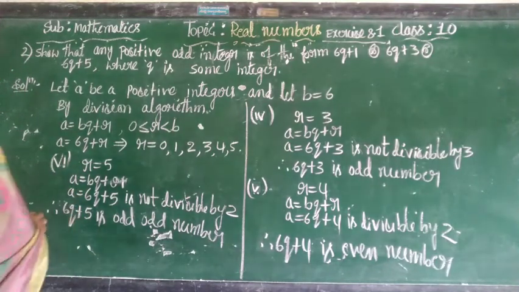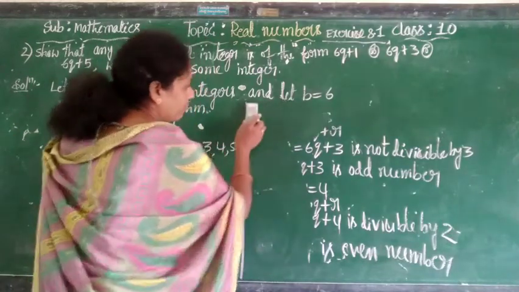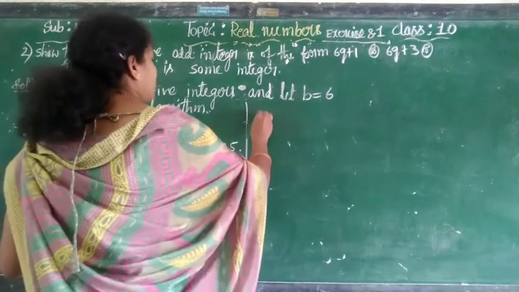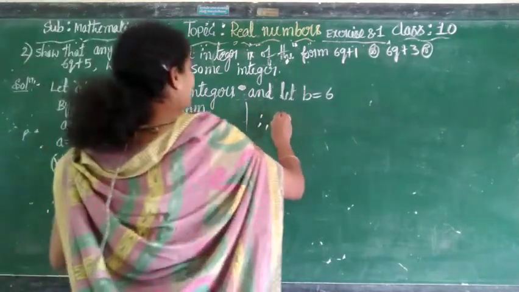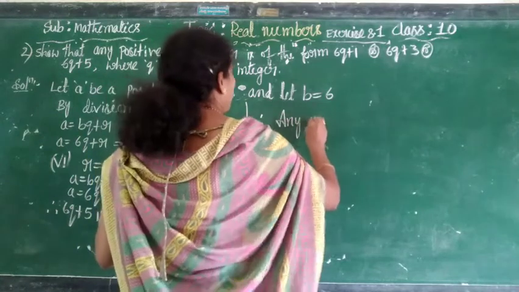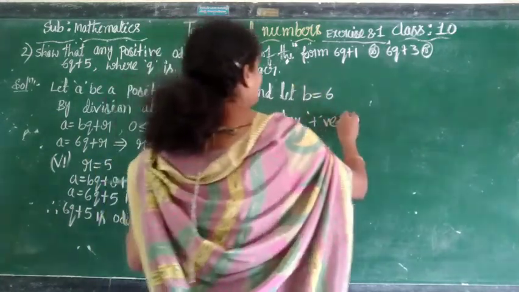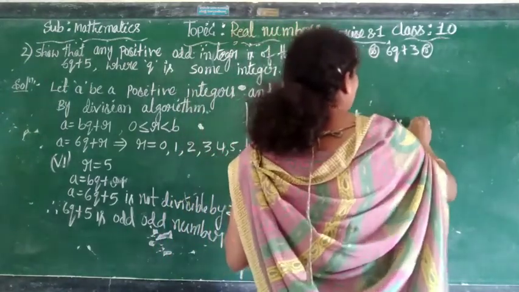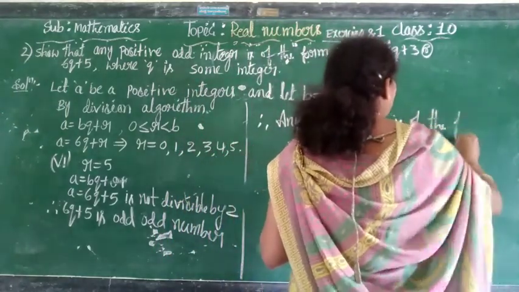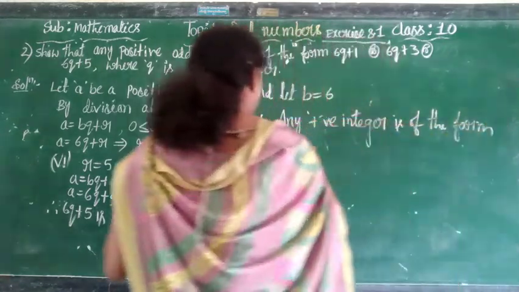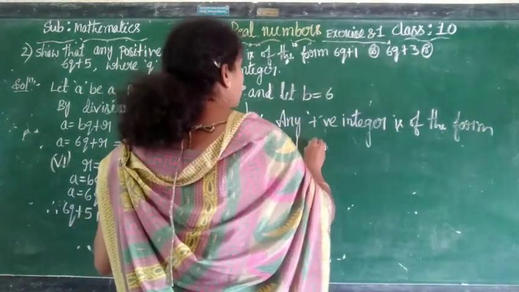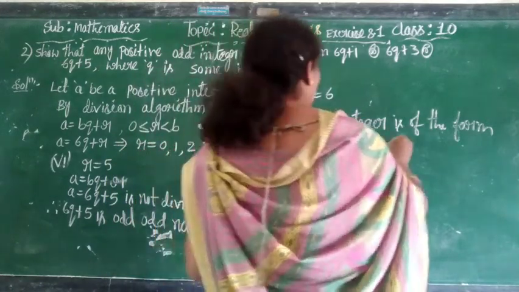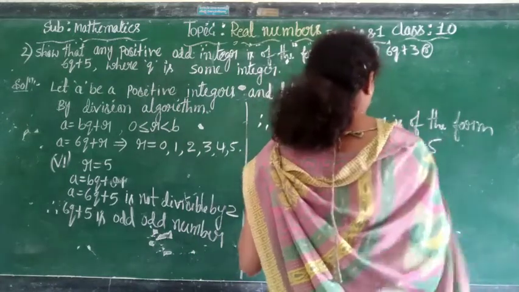Therefore, once again, any positive odd integer is of the form 6q plus 1 or 6q plus 3 or 6q plus 5.